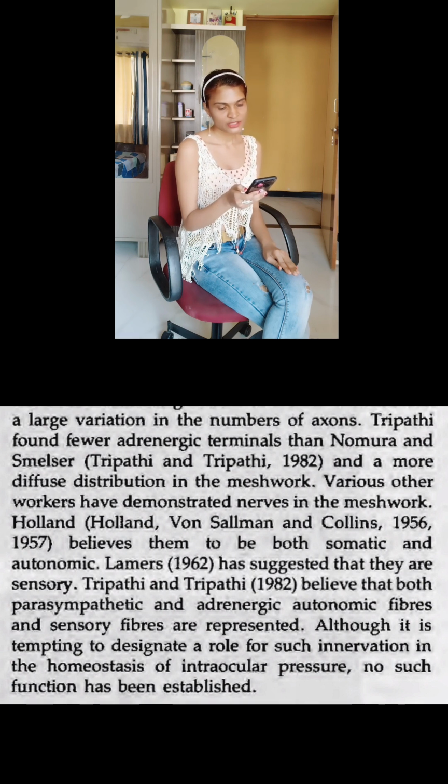Tripathi and Tripathi in 1982 believe that both parasympathetic and adrenergic autonomic fibers and sensory fibers are represented. Although it is tempting to designate a role for such innervation in the homeostasis of intraocular pressure, no such function has been established.